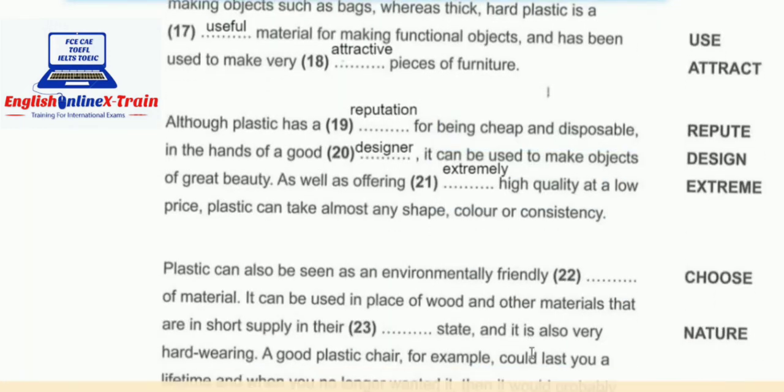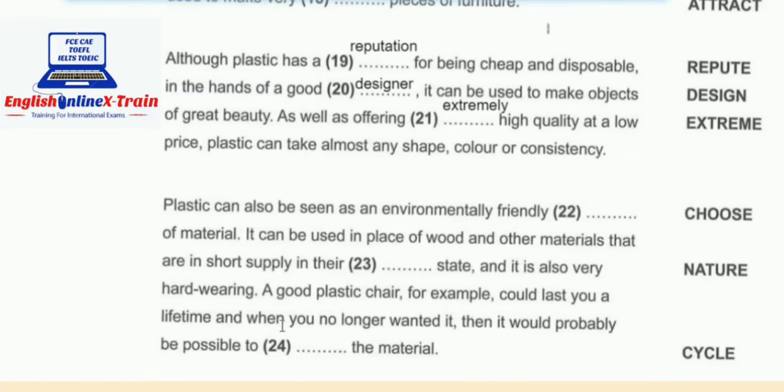Okay, let's move on. Then it says, plastic can also be seen as an environmentally friendly of material. Okay, if I didn't have this word, I would say as an environmentally friendly option of material. What word is similar to option but using the word choose?